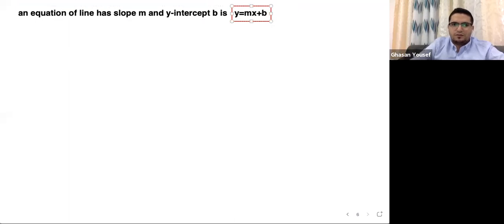The y-intercept is b and the slope is m.